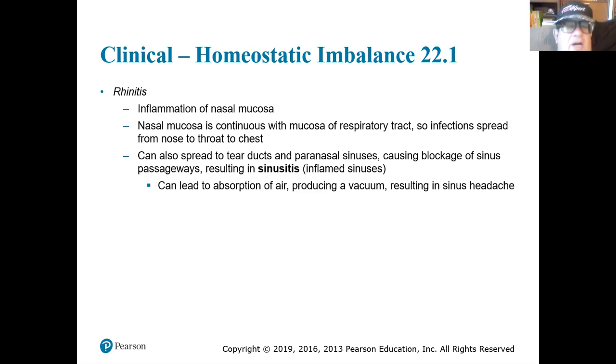All right. Itis means inflammation. So rhinitis is inflammation in the nose, inflammation of the nasal mucosa. This is continuous with mucosa in the respiratory tract. So if you let these infections spread, they can go from the nose all the way into the chest. That's bad. You could also have this spread to the tear ducts, the paranasal sinuses. That could block sinus passages, causing sinusitis, inflamed sinuses.